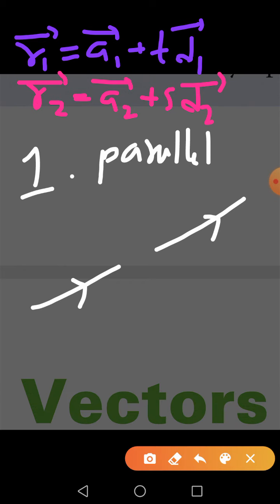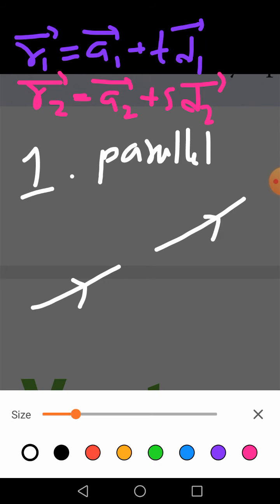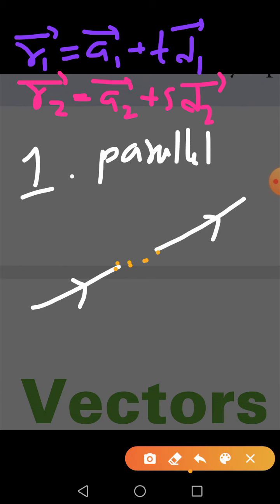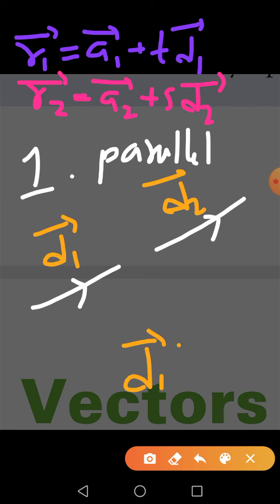Now you can see that they are in the same direction, they are parallel, and if you join them, they will appear to be the same straight line. Now, what is the logic of what I have said just now? This line has direction vector d1 and this line has direction vector d2. You can see here that d1 and d2 are in the same direction. So we would say d1 is parallel to d2, or the first line is parallel to the second line.